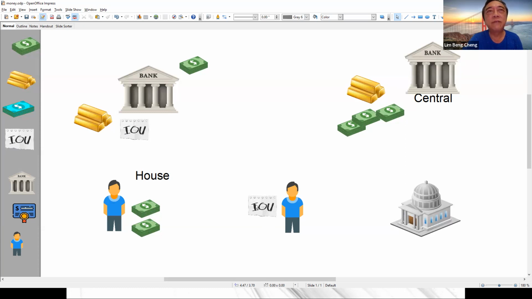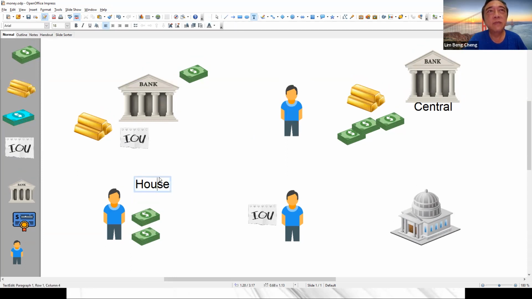If he wants to return money, then the bank has to refund him. So assuming another person comes into the picture. Okay, now this person wants to buy this house. So he also takes a loan from the bank.